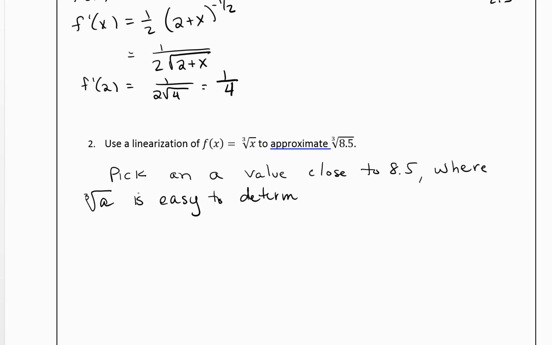Right, so we need something that the cube root is easy to take and it's close to 8.5. Well, a being equal to 8 would be a good choice because the cube root of 8 is just 2. So we're going to let a be equal to 8.